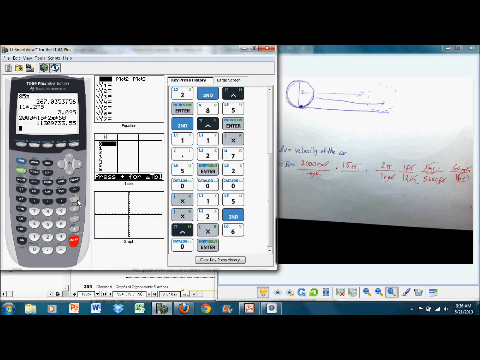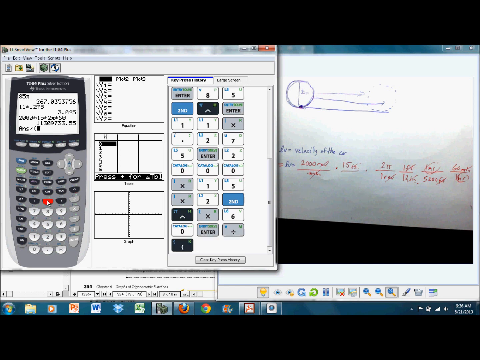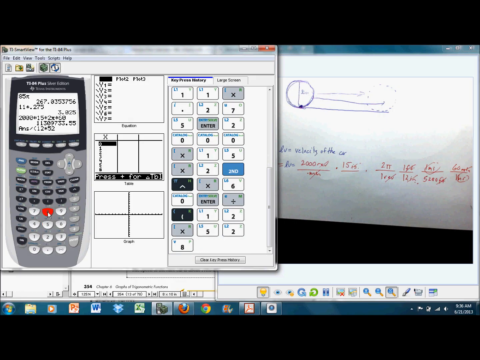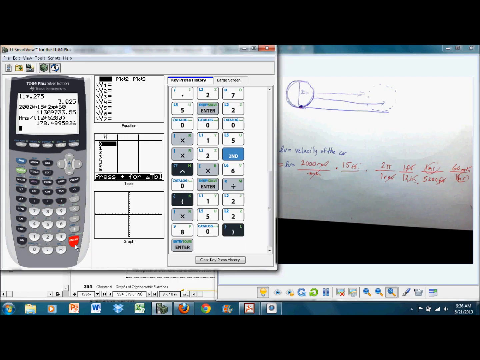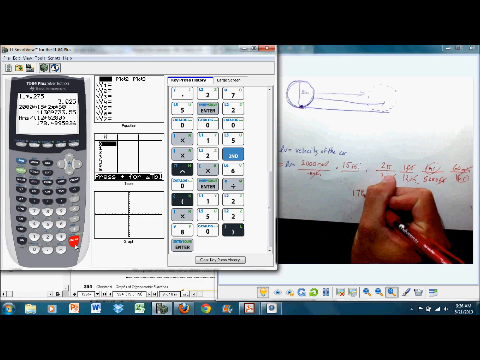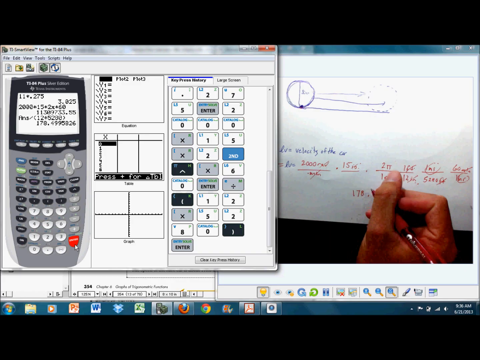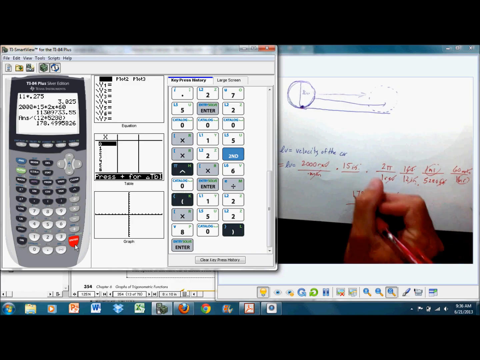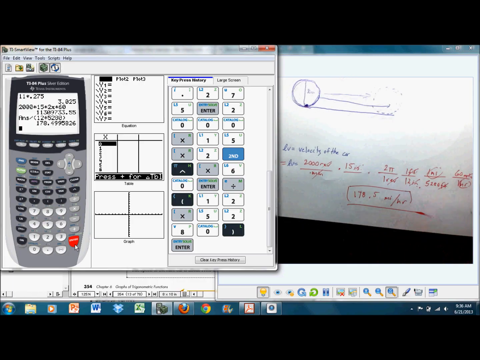And then divided by the bottom, which is just 12 times 5,280. Enter. And you get 178.5 miles per hour. Neat. So now we know that this race car is going 178.5 miles per hour.